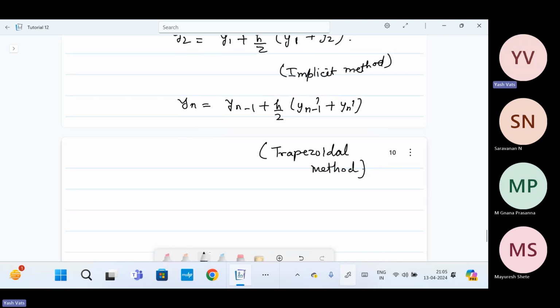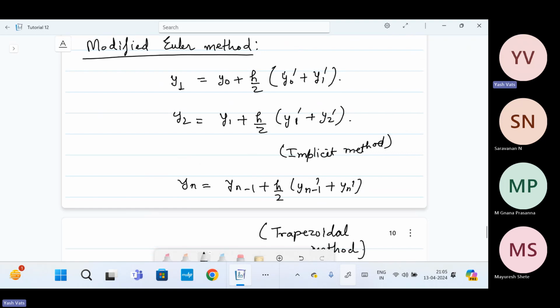It has order 2. What's the order of this method? Can anyone tell me just looking at this? Up to y' terms are there from the Taylor series, so order 1?